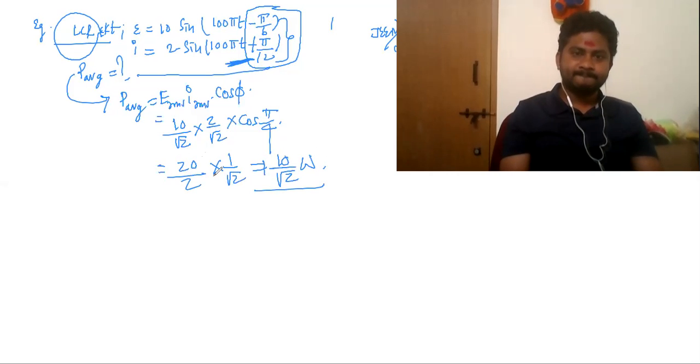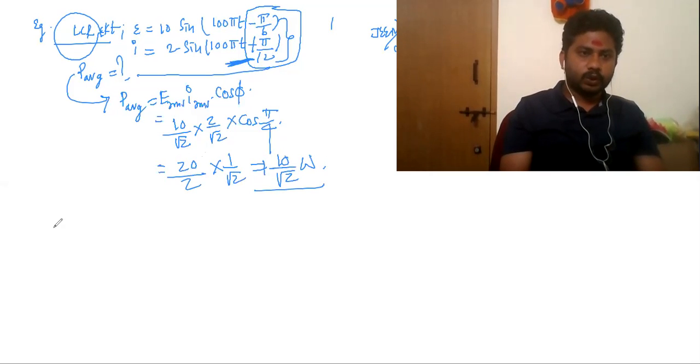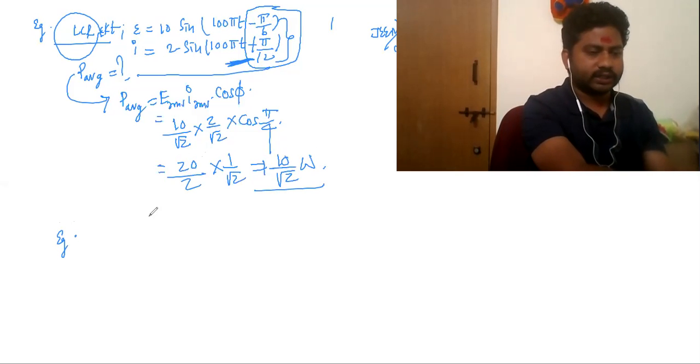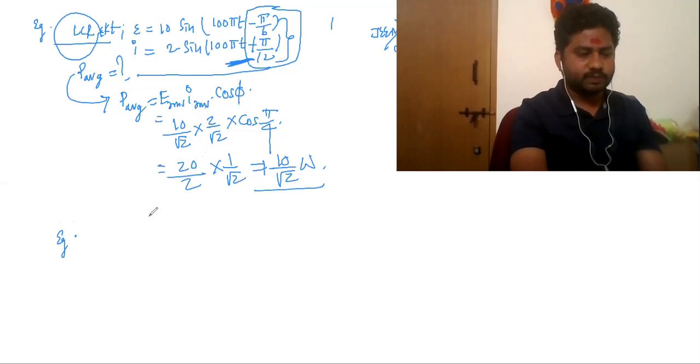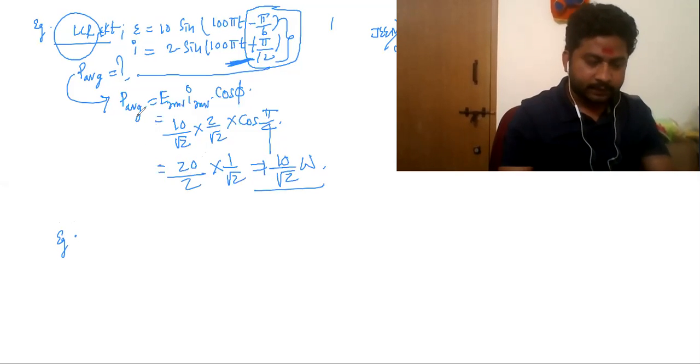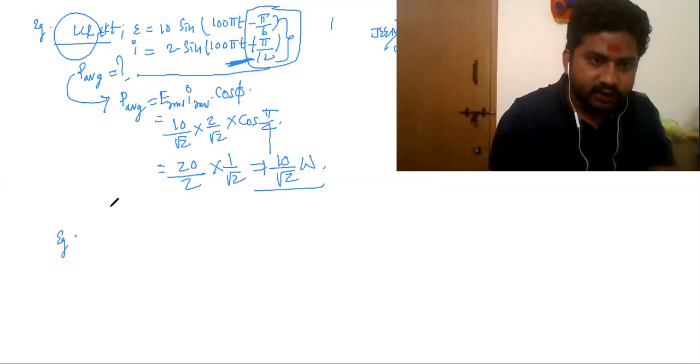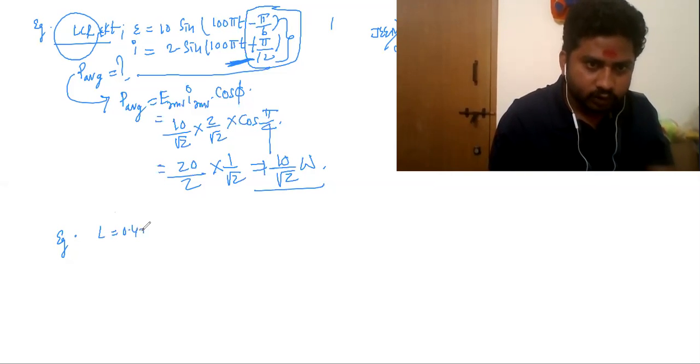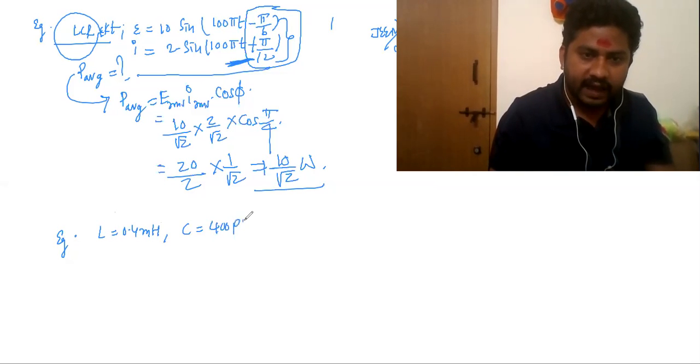All right. Let's have a look at one more question. Many questions like this you can solve. So one more question, let us have a look at it. This question is based on the resonance frequency. They have given an inductance of coil 0.4 millihenry, which is connected to a capacitor whose capacitance is 400 picofarad.